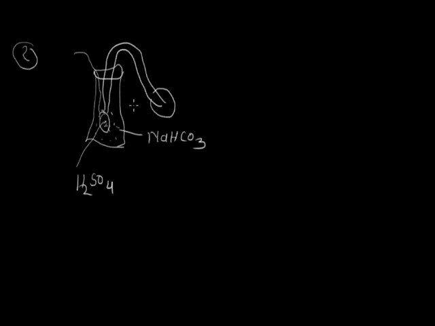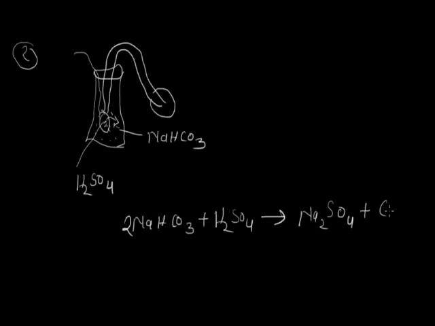When we tilt this bottle, H2SO4 comes out from this test tube and reacts with sodium bicarbonate. NaHCO3 reacts with H2SO4. It gives sodium sulfate by the evolution of CO2 gas.